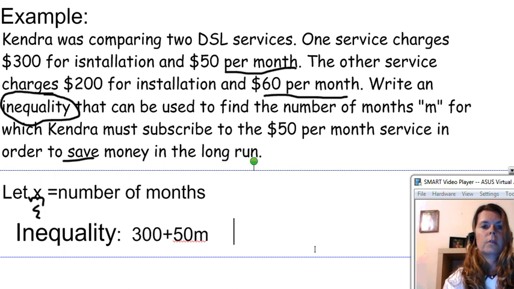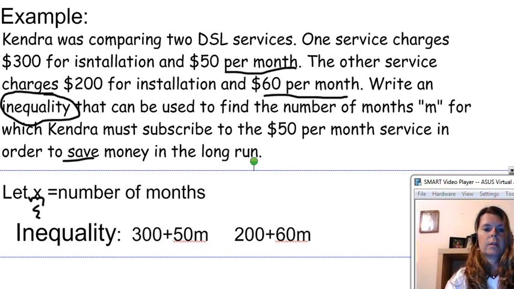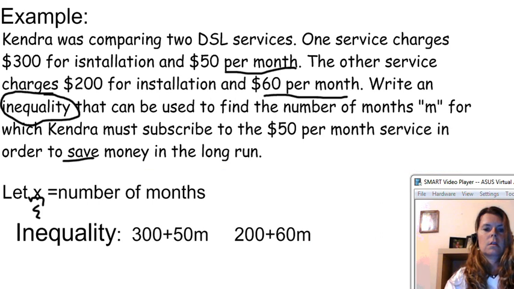But we do know that it's $200 for the other DSL plus 60 per month, so 60 times however many months. Now it says we want to save money. That means we're going to pay less for the 50-month service. So this one needs to be less than. And now you solve it just like we solved the first one.